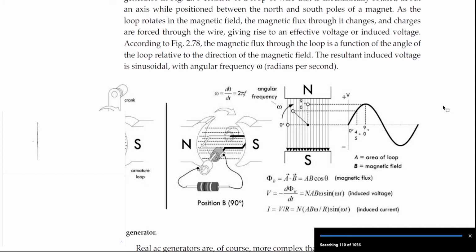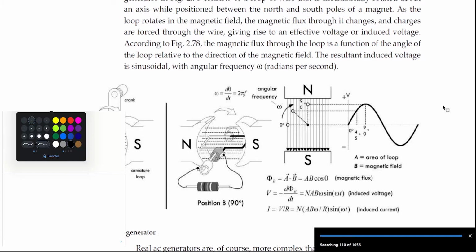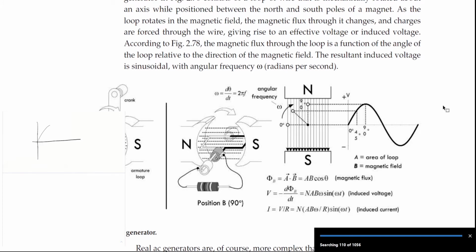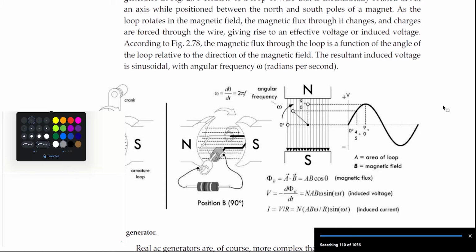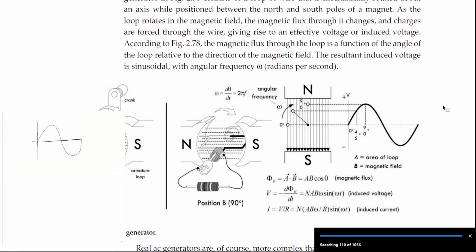I feel like there's probably an issue in my mathematics now. It's probably affecting me more. Okay, so they're saying that this is 45 and this is 90.